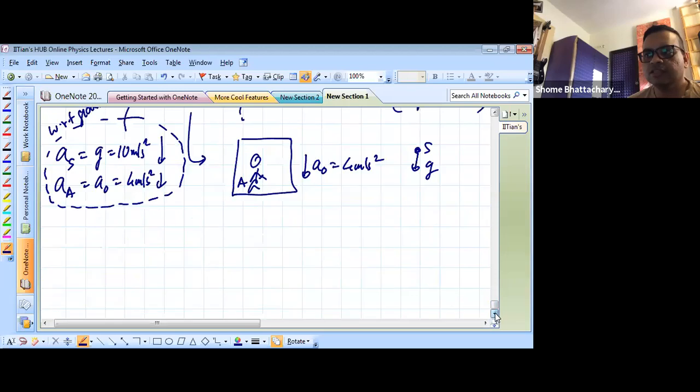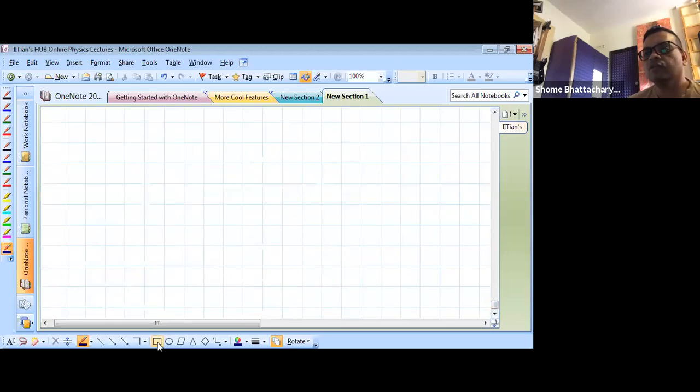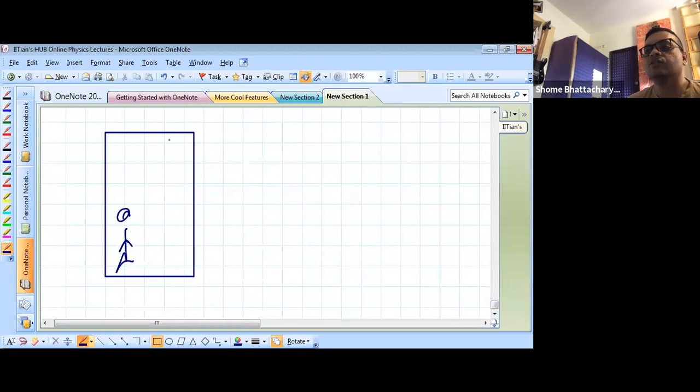So if this is the case, now also what is happening? For the observer A, what is the initial velocity with which the screw is falling? It's 0. Because for him, in his frame the ceiling is not moving. So the screw starts from here with an initial velocity in his frame of 0, but with a downward acceleration of 6 meters per second square.